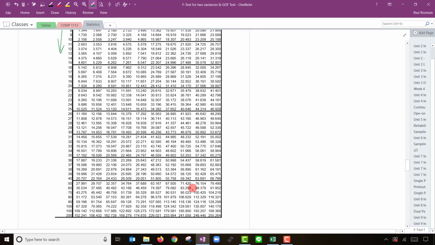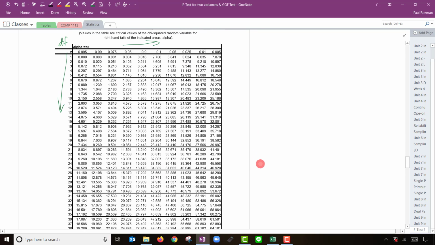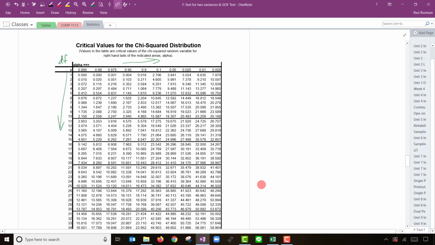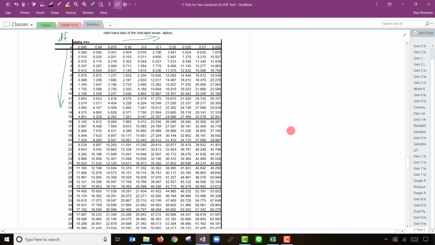It's not unusual to see a value of 100 or in the teens. So it's a little bit harder to judge these chi-square values just by looking at them. We don't have the same number sense that we did for z's and t's, but we have the table and we can just interpret from there.